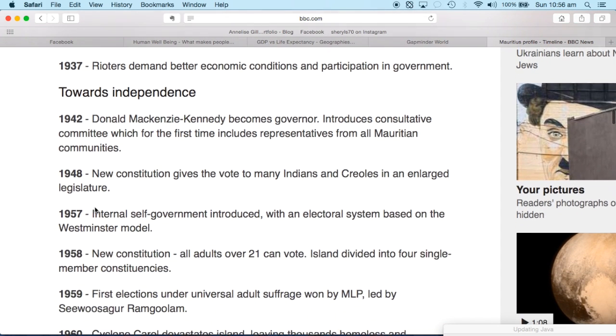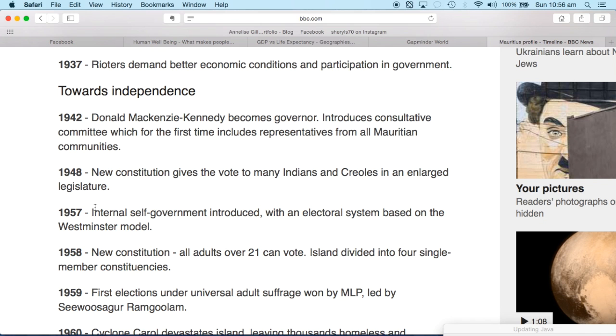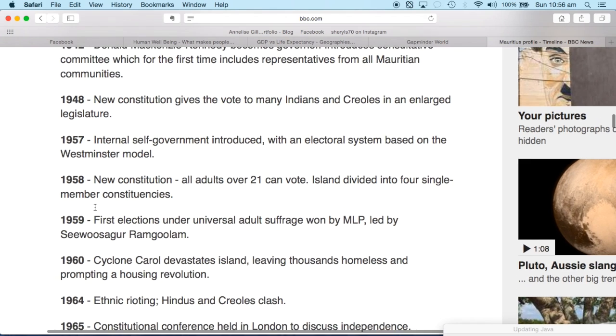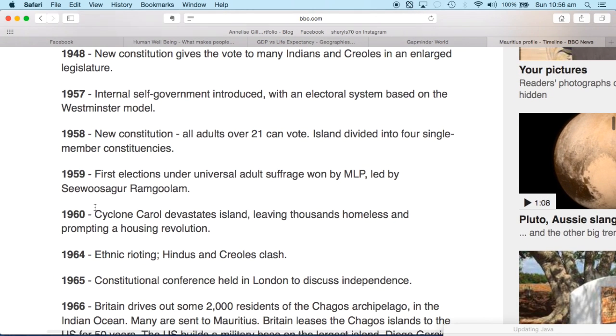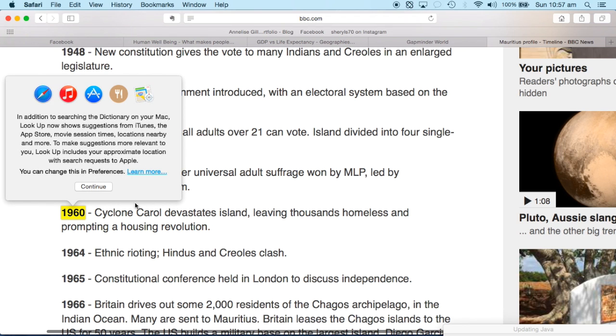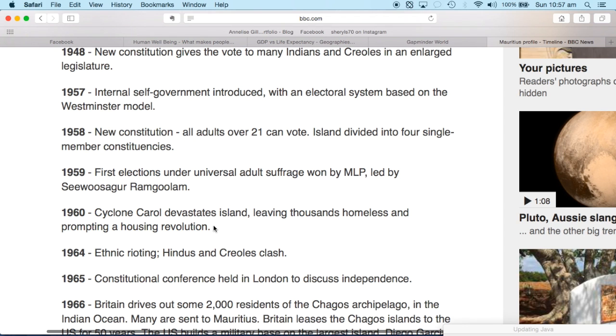We have independence. I'm looking for points in the timeline that might affect how long people live. We can see here, there's a cyclone in 1960.